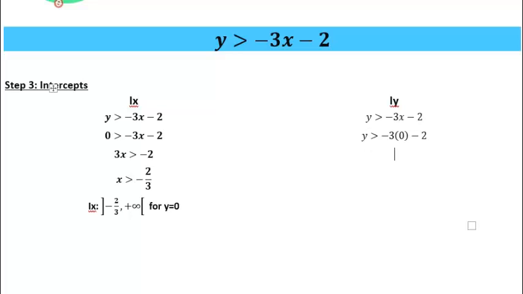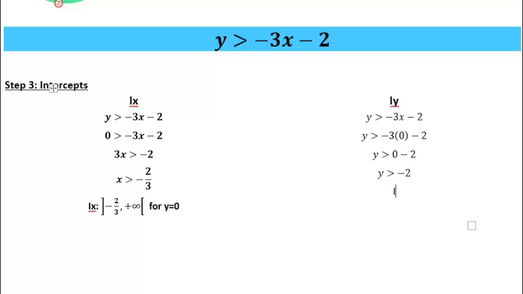So minus 3 times 0 will be 0 minus 2. And 0 minus 2 will be negative 2. So we have y greater than negative 2. So the answers will be all of the y's that are greater than negative 2, so from minus 2 to positive infinity.